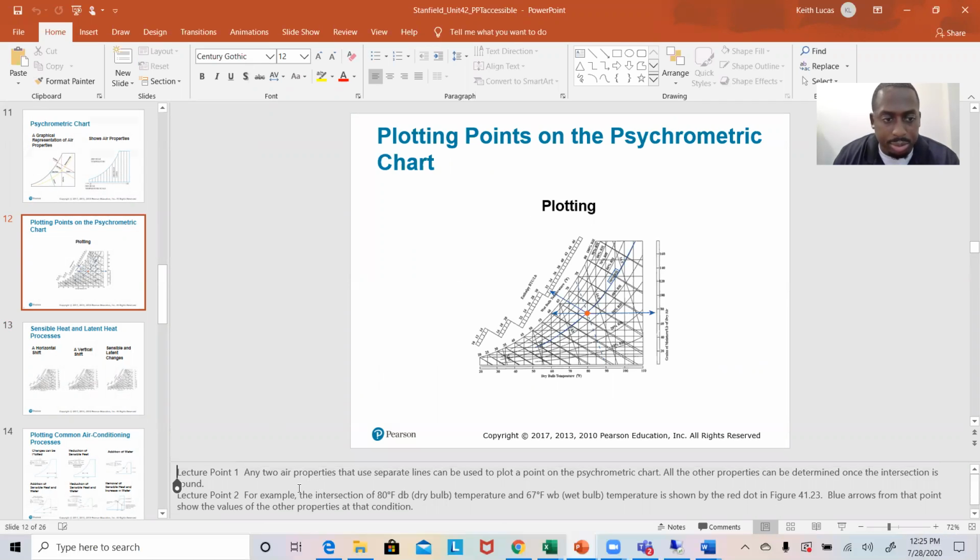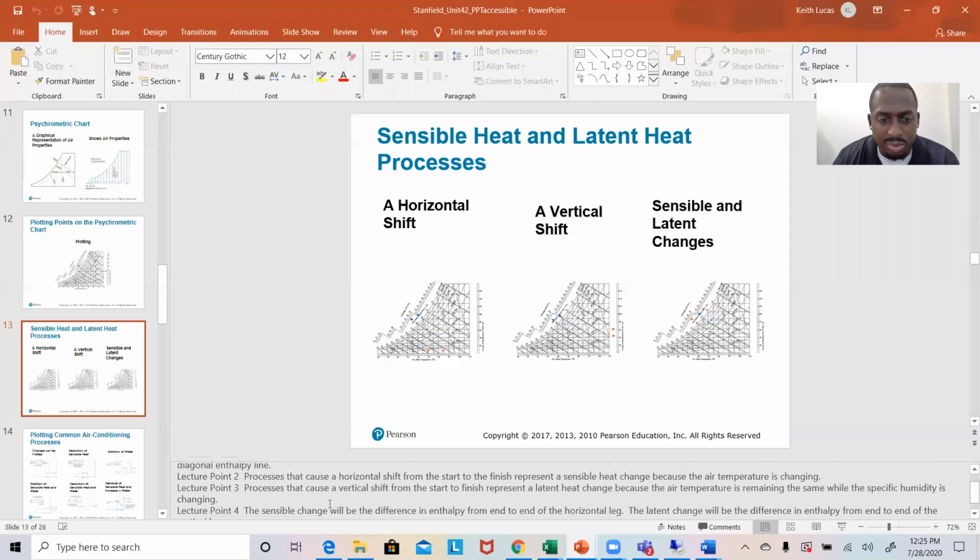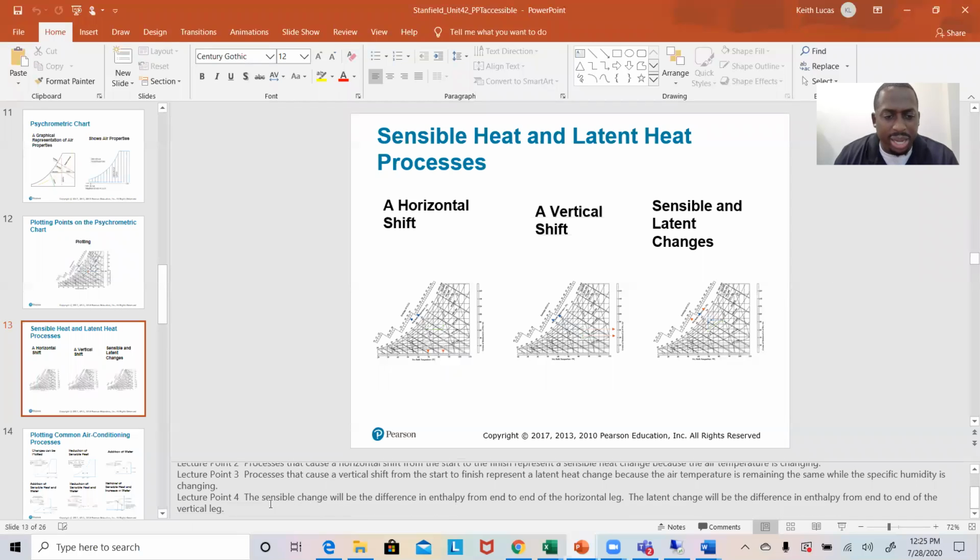Okay, and then the sensible change will be the difference in enthalpy from end to end of the horizontal leg. The latent change will be the difference in enthalpy from end to end of the vertical leg. So sensible changes are going to be horizontal. Latent changes are going to be vertical on the chart.